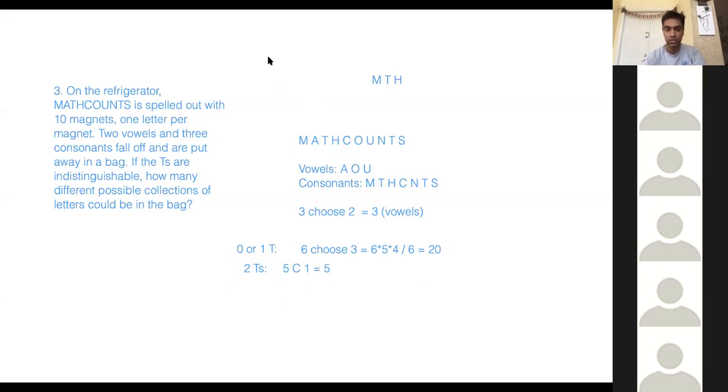So total options for consonants is 20 plus 5. For vowels it is 3. So 3 times 20 plus 5 gives 75.